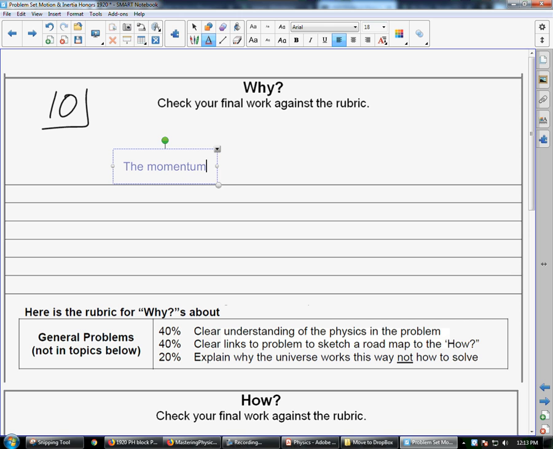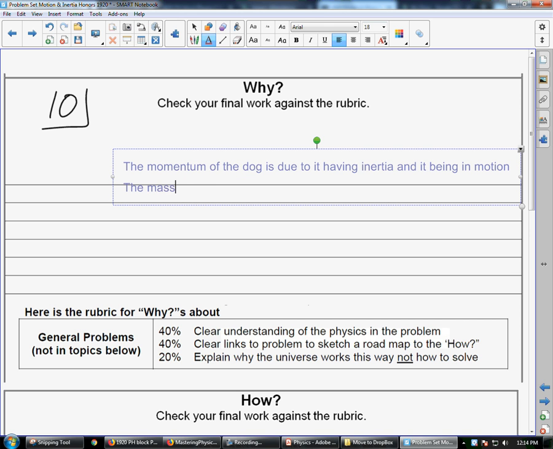The momentum of the dog is due to it having inertia and it being in motion. The mass of the dog is used to measure the inertia.